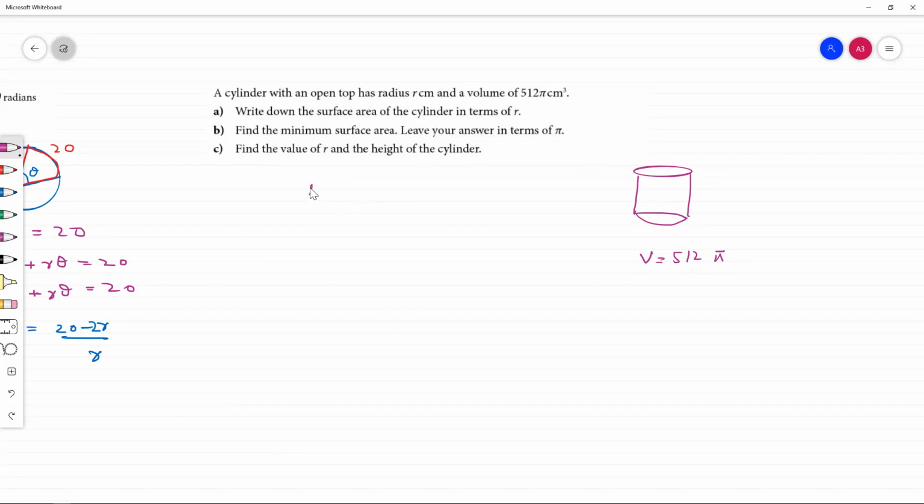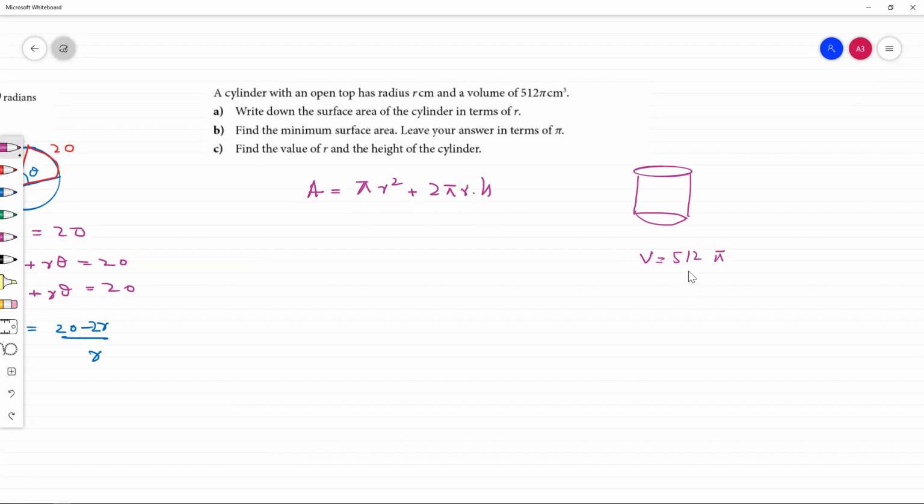The surface area of the cylinder would be A is equal to pi r square, base area, plus curved area, 2 pi r into h. And he said write down the surface area of the cylinder in terms of r. It means we have to eliminate this h.